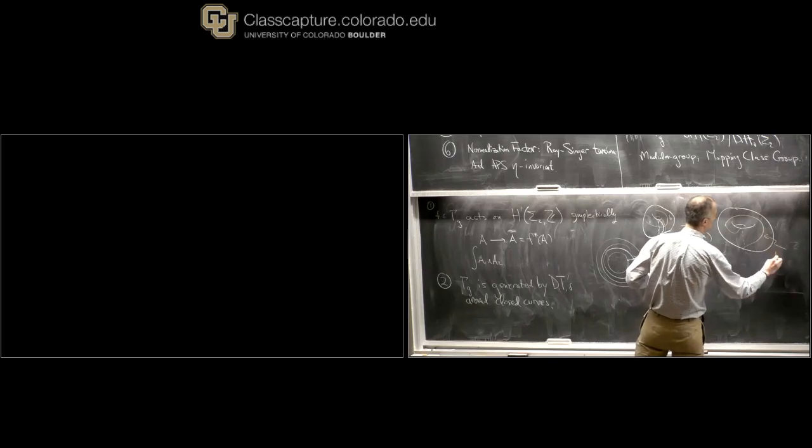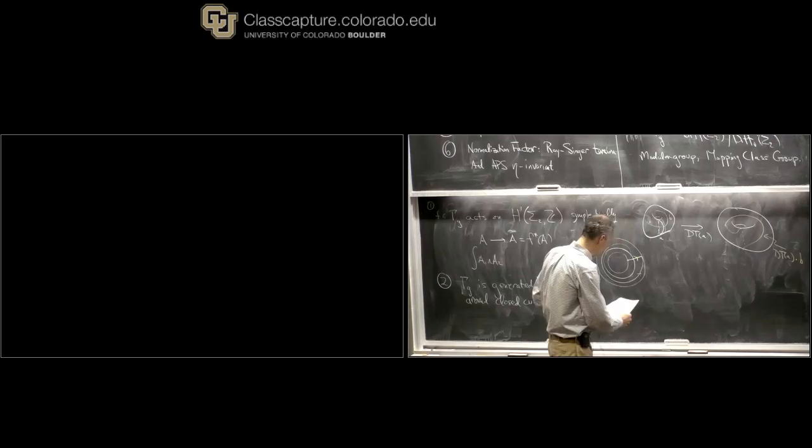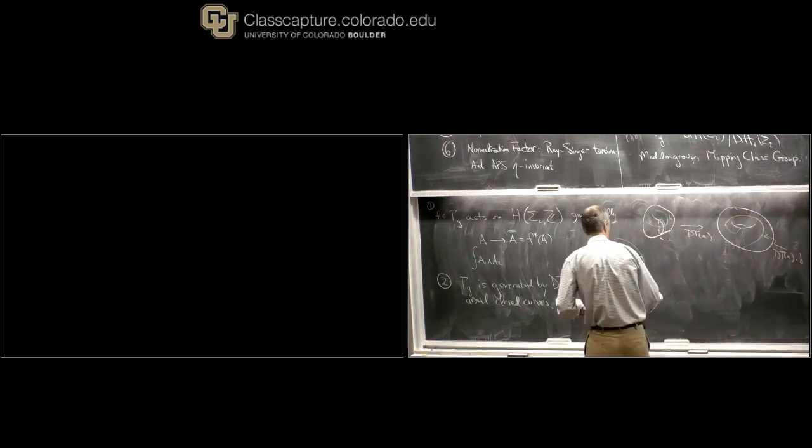So that's the Dehn twist around A applied to B. Okay. So those things are the things that generate the non-trivial diffeomorphisms of the surface, the mapping class group. So that's the second thing I wanted to say.